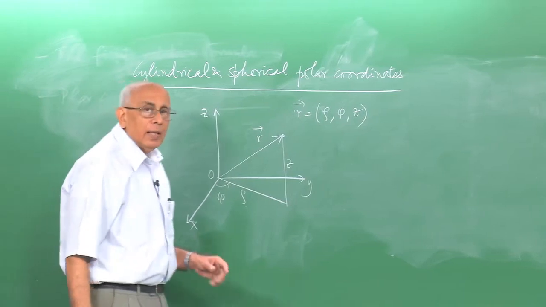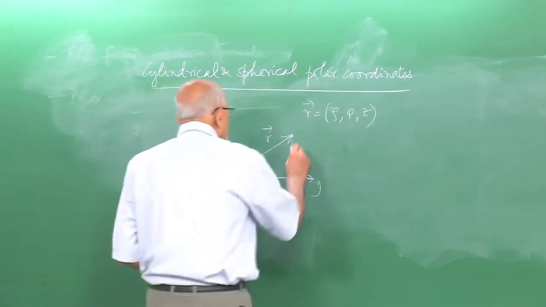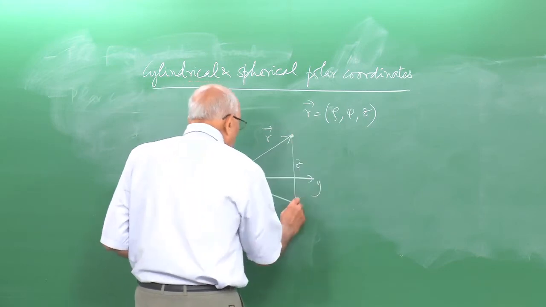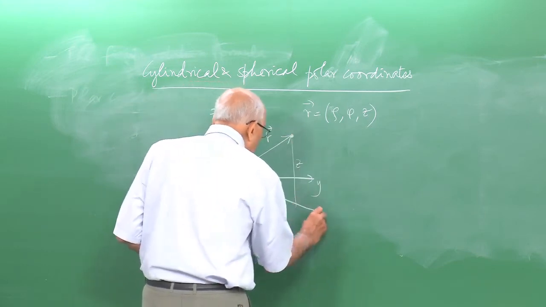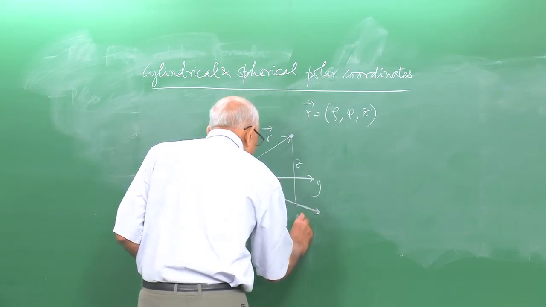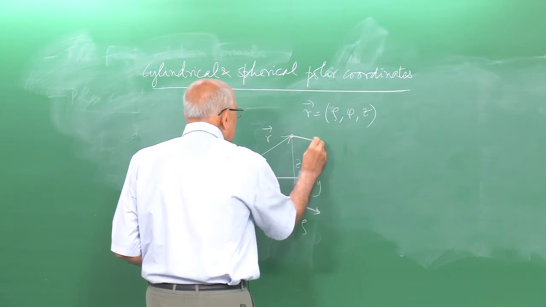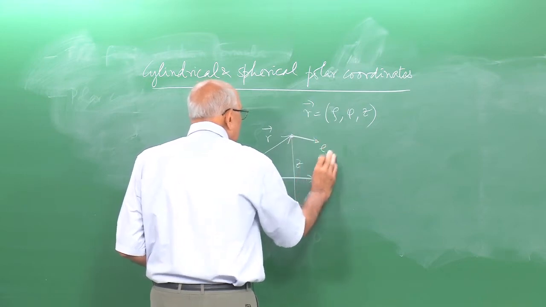What we need to look at are the unit vectors in this coordinate system at any point like this. One of them would of course be rho, e rho itself. So that's the unit vector e subscript rho, and you bring it up there, it's in this direction, e sub rho.